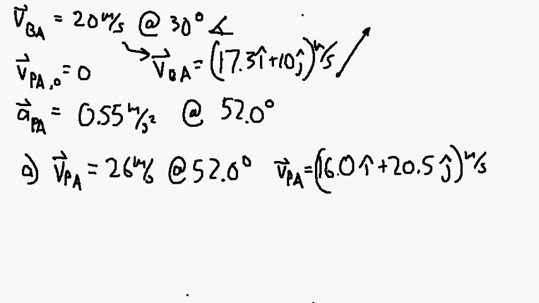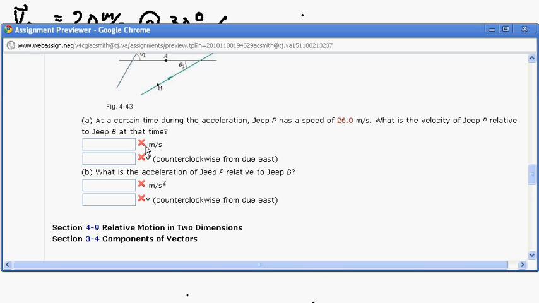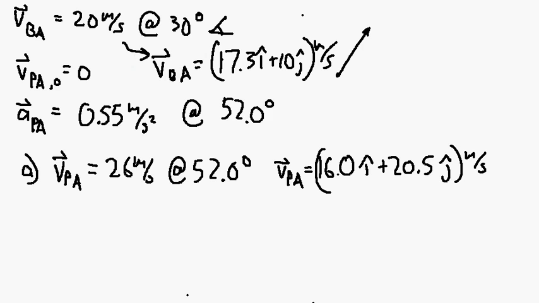Now, what do we want to find? What we are asked for is the velocity of Jeep P relative to Jeep B. Now we have these three velocities: VPA, the velocity of Jeep P relative to the stationary guard A; P relative to B, which is what we're trying to find; and B relative to A. Our rule is that we can stack these together with subscripts and add them when the subscripts that are close to each other match.